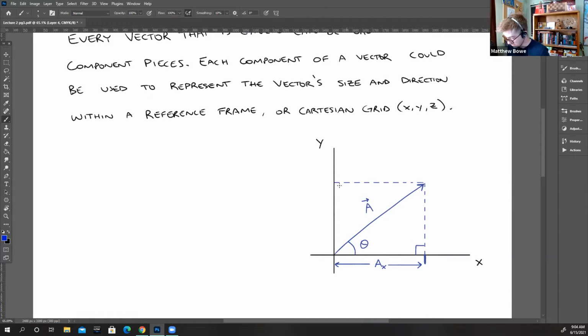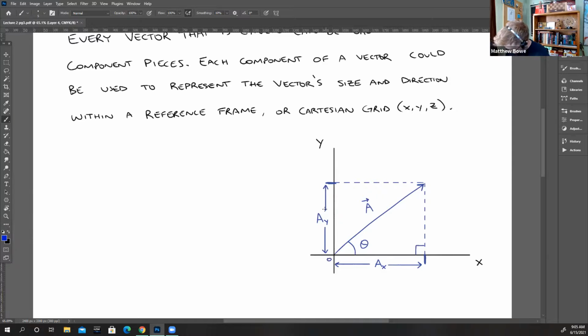I can also look at the height of this triangle. And that's why I made this other dotted line up here. Its tick mark goes right here. If we're starting at the origin, which is 0, I can count all the way up to find out how tall this triangle is. That is A sub y. That is the height of the triangle.